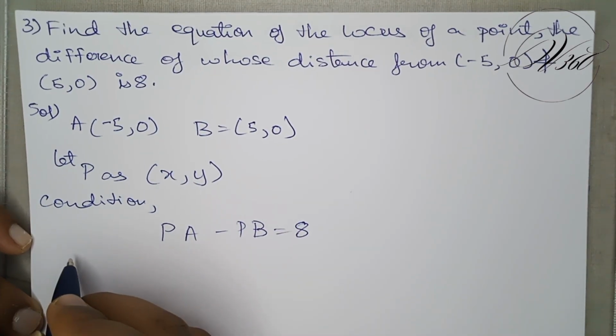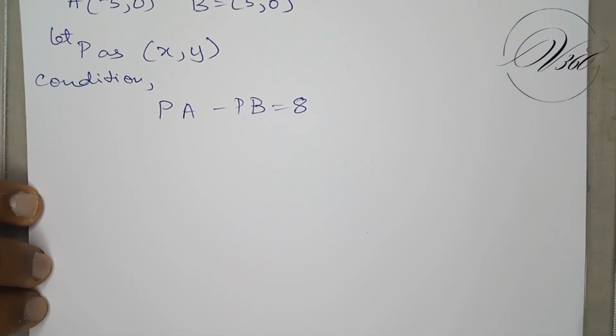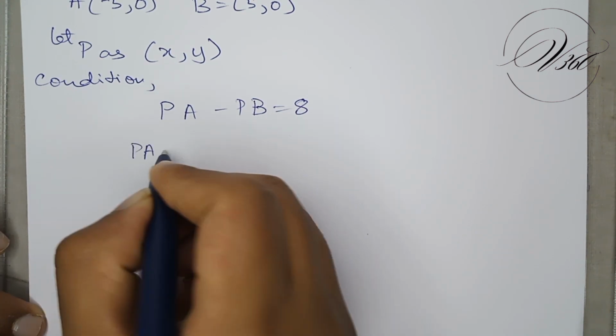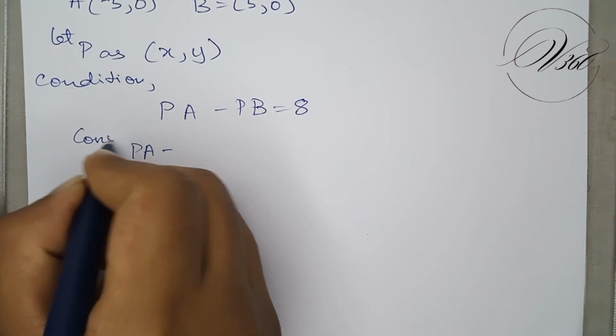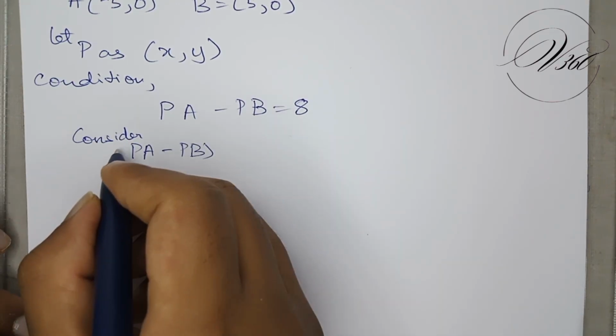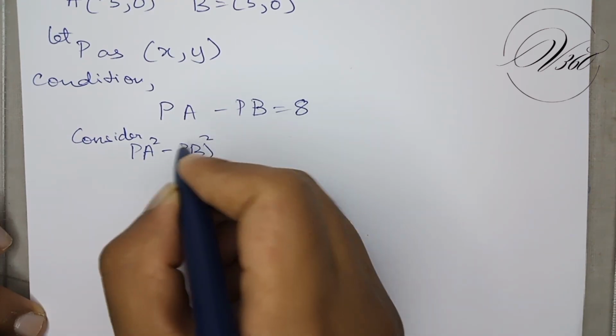Now let us consider PA square minus PB square.